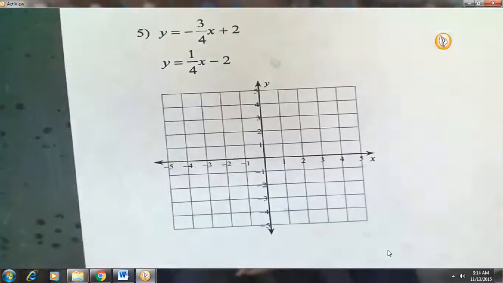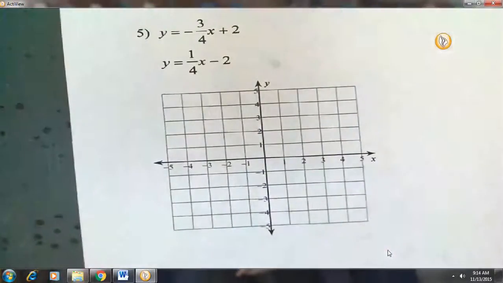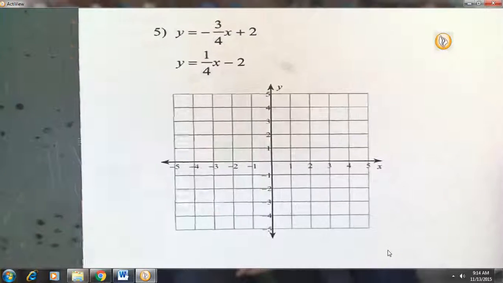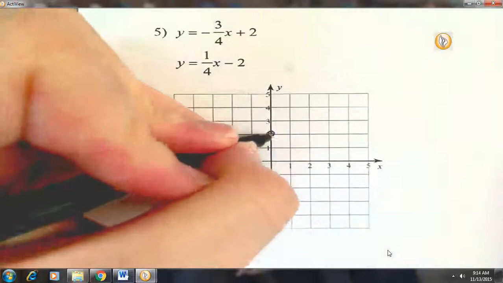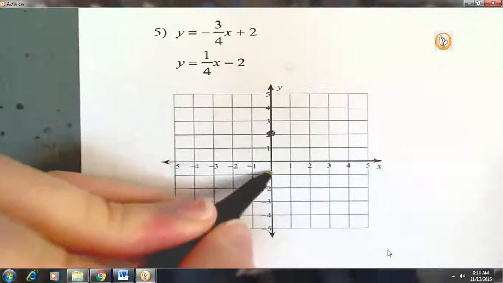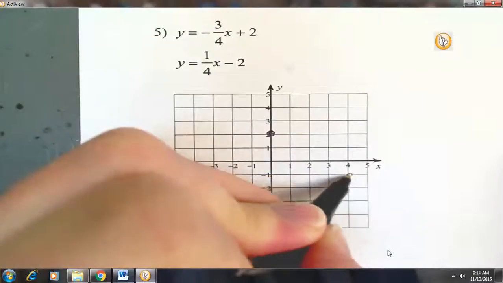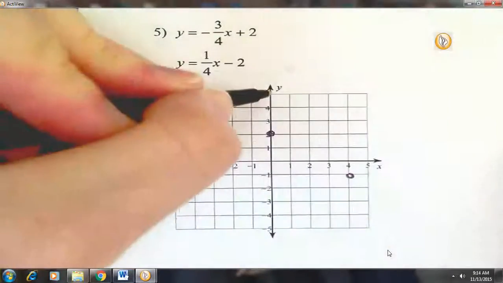The first equation has a y-intercept of +2. Let's put a dot at +2 on our y-axis. Slope of -3/4, so we'll go down 3 and right 4. Could have also gone up 3 and left 4.